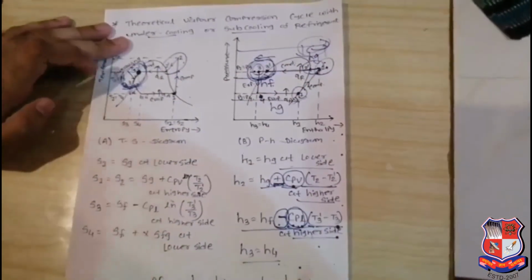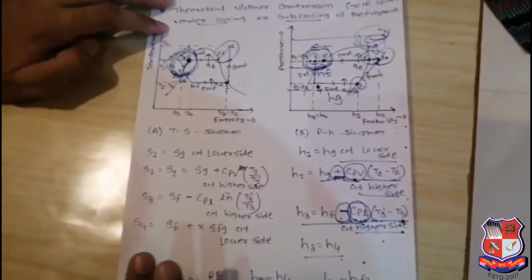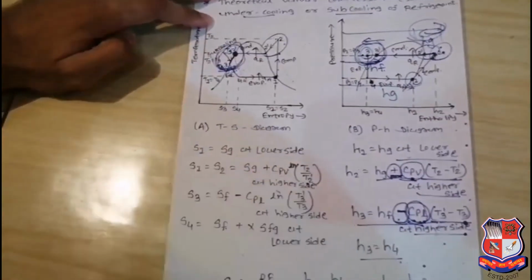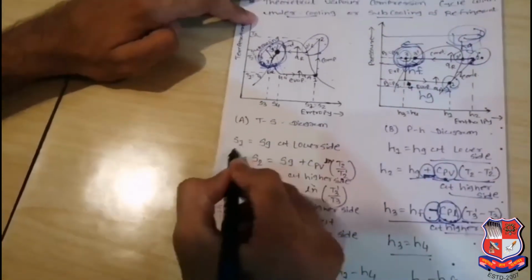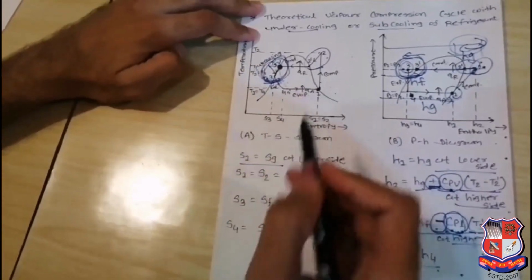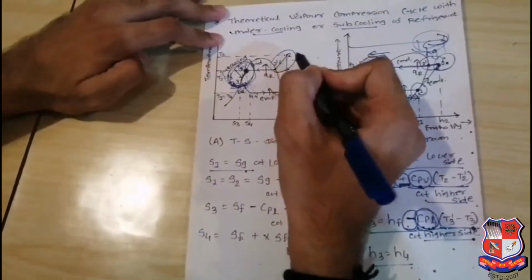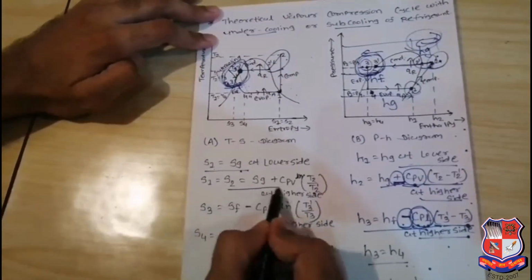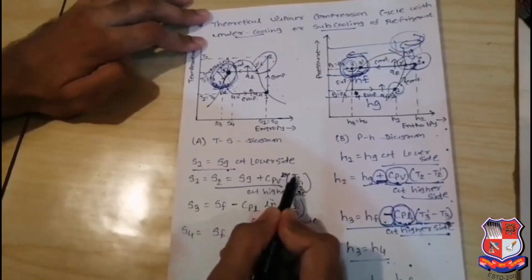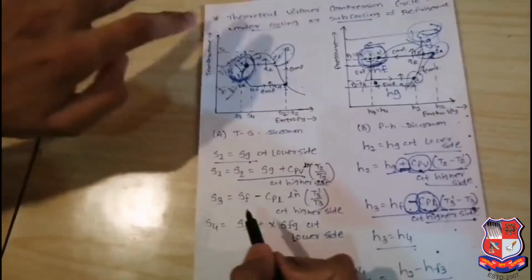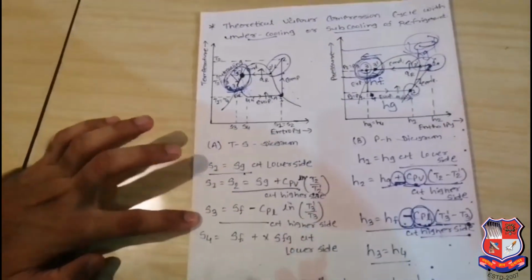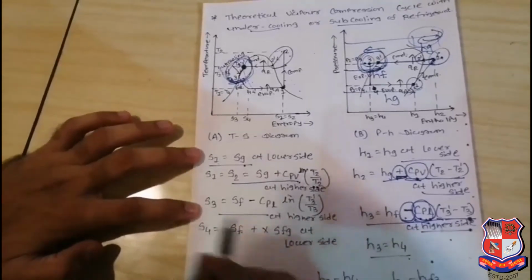Now the entropy equations. In a similar way, the first point is on the saturation curve on the vapor side, so S1 is equal to Sg. The second point is in the superheated region, so S2 is equal to Sg plus CPV ln(T2 by T2 dash). Now we concentrate on the subcooling region. S3 is equal to SF, the liquid entropy, up to that distance.